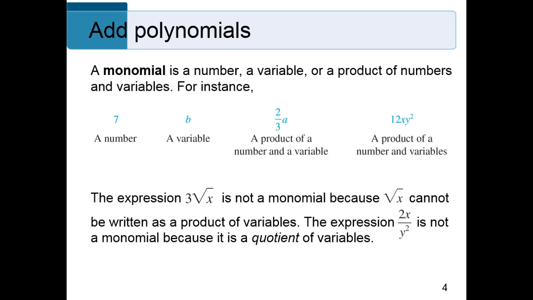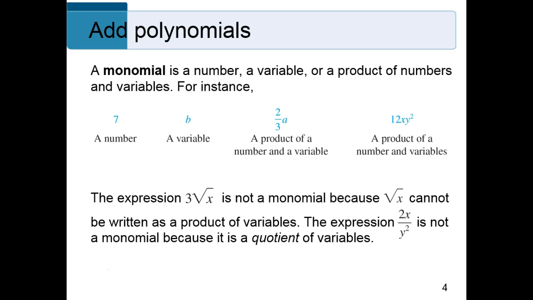If you don't see a coefficient, you assume it's 1. No, not 0. 0 makes that number 0. If you don't see an exponent, you assume it's 1. If you don't see an index, you assume it's 2.